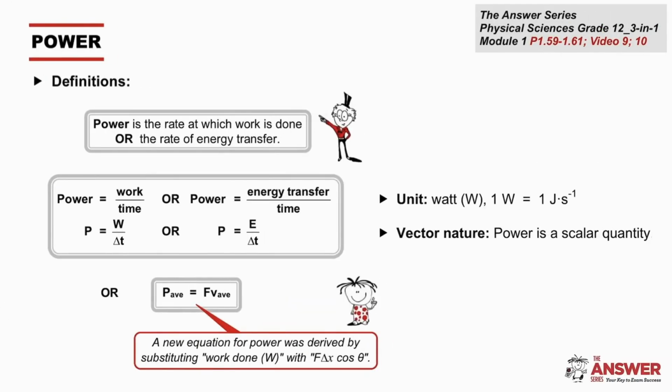Finally, we get to power, which tells us how quickly work is done or energy is transferred. In physics, this is defined as a rate, and we calculate it by dividing by the time taken. We also derived a formula for power in terms of force and velocity.